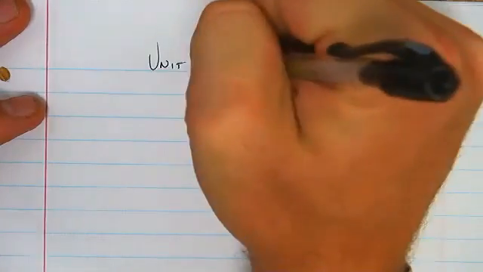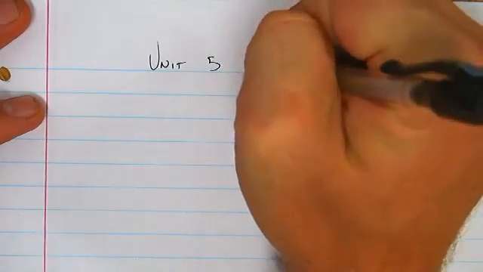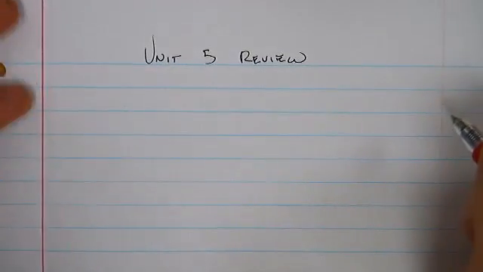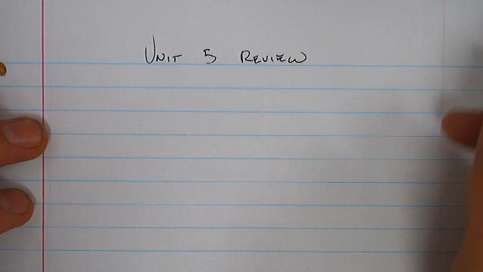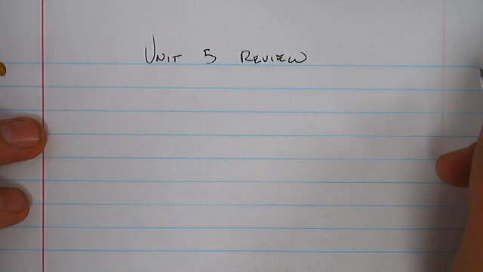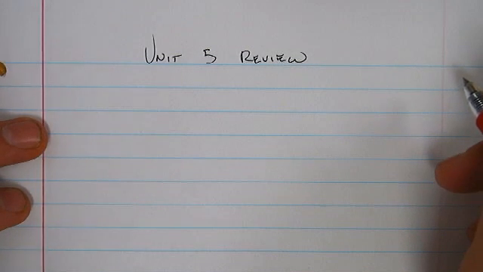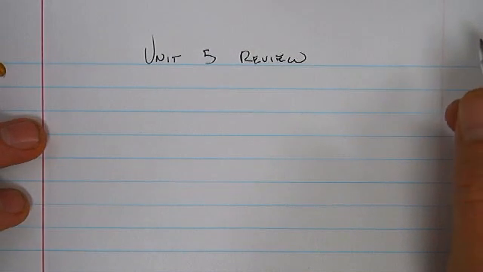Okay, so let's just recap. Unit 5 review. Very little use of a calculator here. It's all about interpretations. So we have to remember we're talking about the relationship of bivariate data.